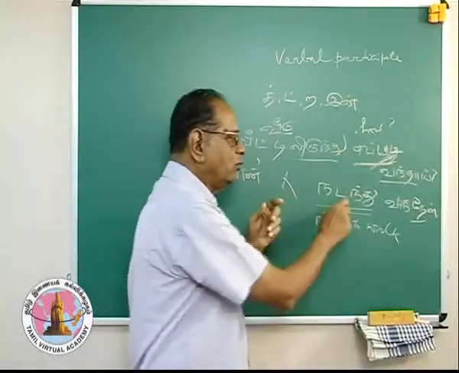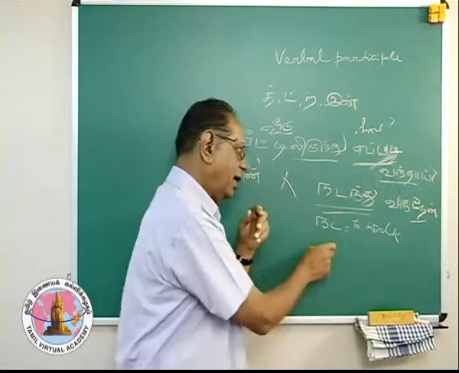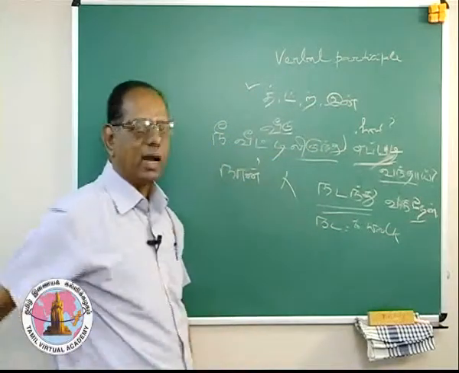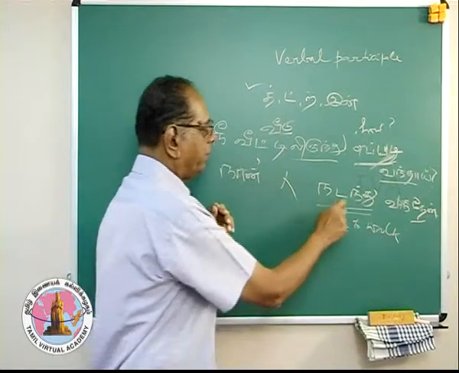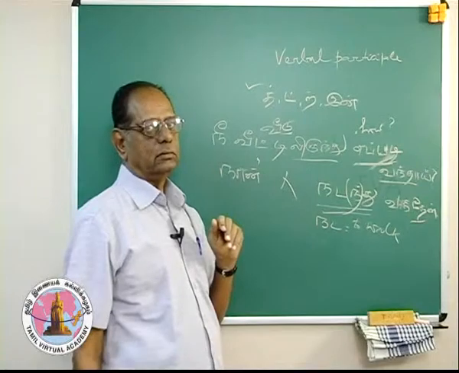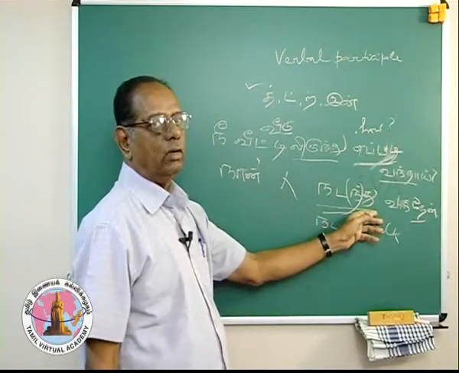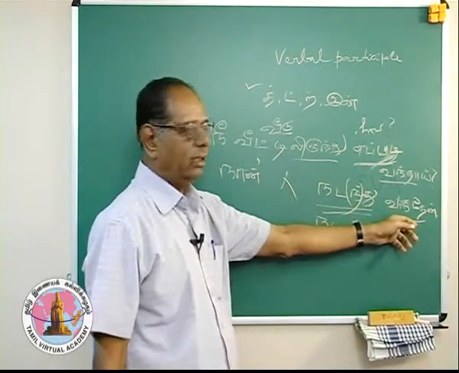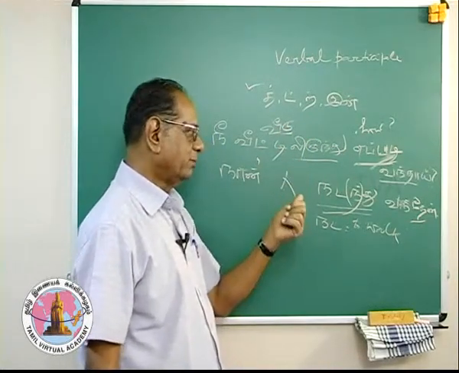Here you have two verbs. One is incomplete, and nada is to walk. Nada takes this tense marker and accepts this sound and also another suffix u, nadandu vandeen, like vandu ponan of a previous example.